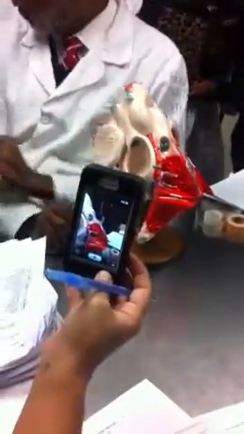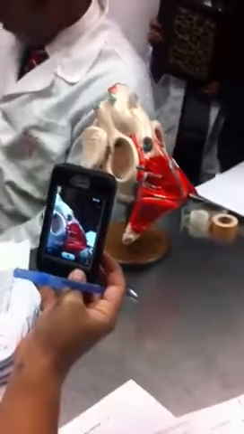All right. Now, let's follow the nerve impulse. The nerve impulse then flows down the interventricular septum. This is the interventricular septum. In the interventricular septum, you will have the bundle of His.